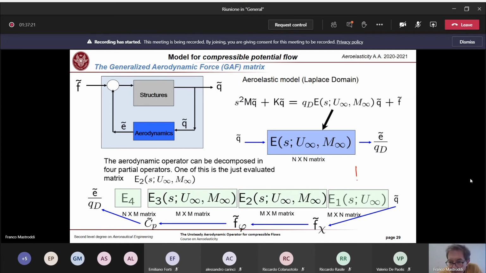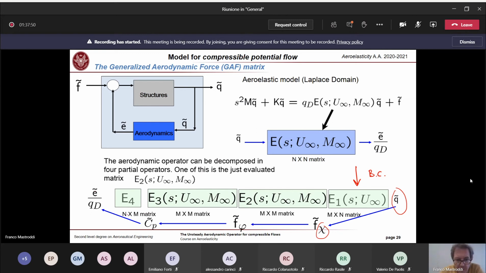E1 depends on the boundary condition, and the boundary condition transforming the modal coordinates into normal wash does not depend on Mach number at all. Again, the E4 operator, transforming the CP into generalized coordinates by just projecting the pressure field onto the mode shape, does not depend on Mach number at all.